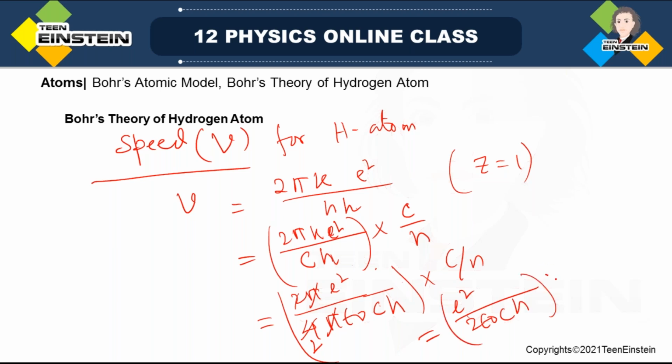This factor is actually known as the fine structure constant. It has a fixed value. See, e square by 2 epsilon naught ch. This is called the fine structure constant.